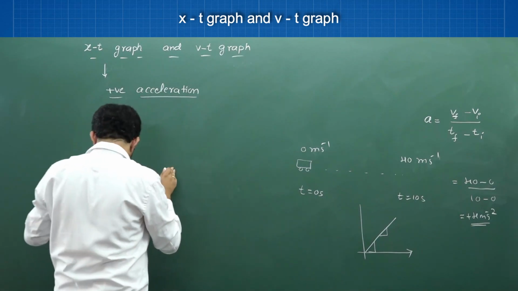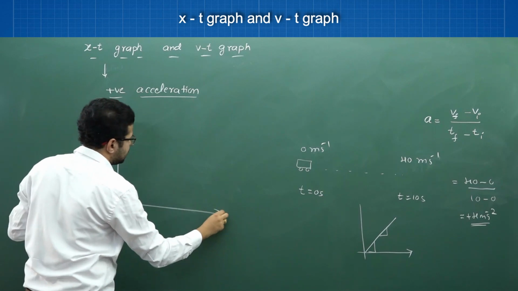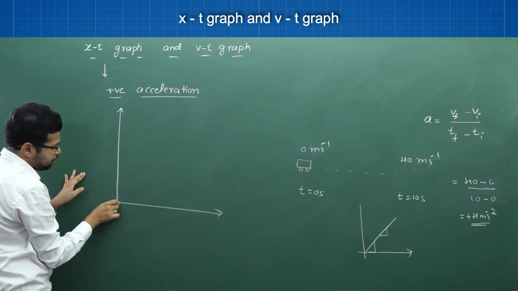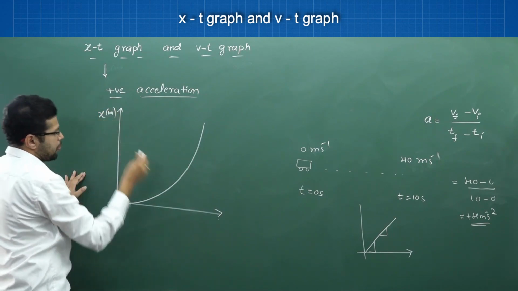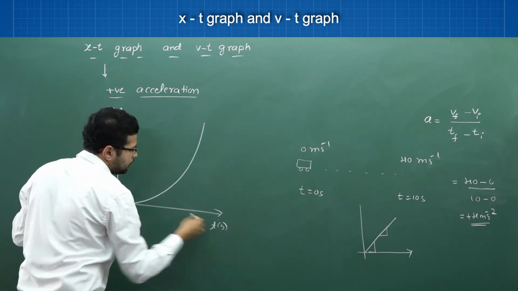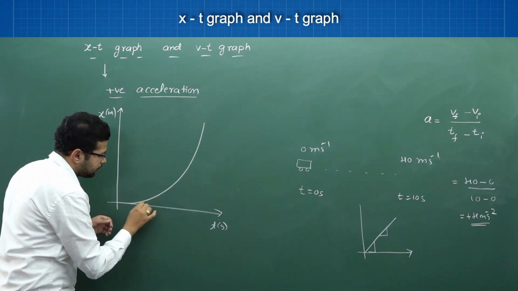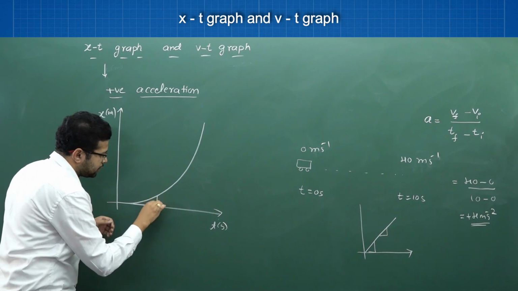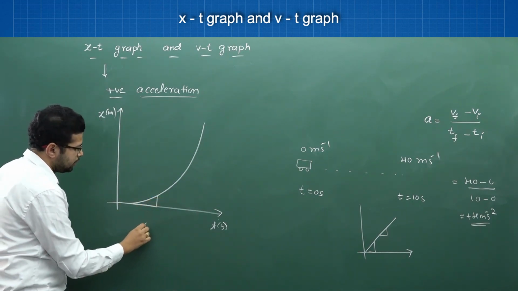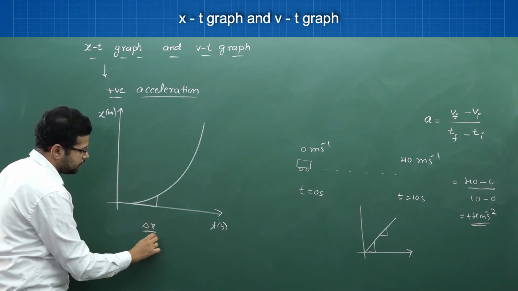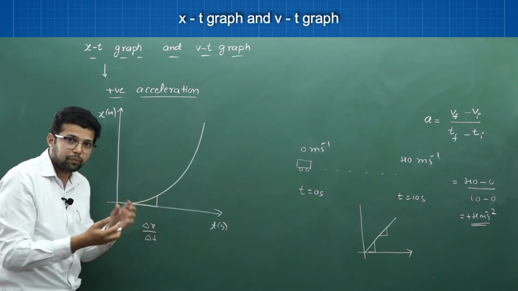So, how can I draw a position time graph for positive acceleration? It is like this: position in meters, time in seconds. If you calculate slope here, slope is delta x by delta t. Here delta t is bigger, delta x is smaller, so the slope is less.